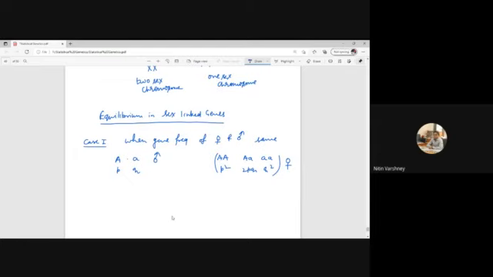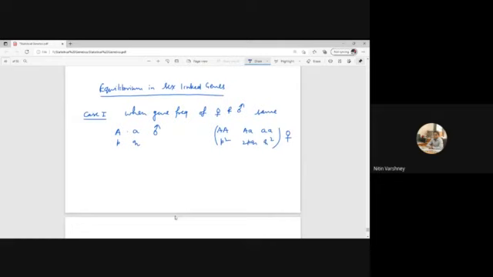So for female, how will we check? Again, we will make the type of mating, then frequency, then offspring. That is capital A capital A, capital A small a, small a small a.